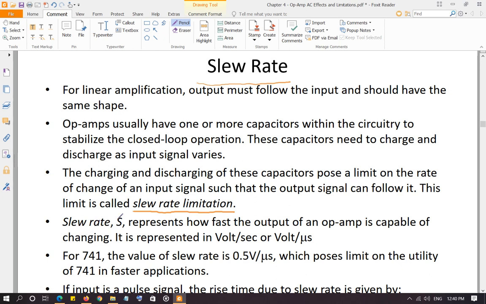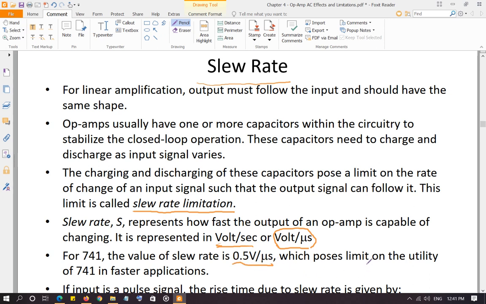So slew rate is represented by volt per second. That is how fast the voltage at the output can change in 1 second. Generally, since a second is a big unit, it is represented as volt per microsecond. For the 741, the value of slew rate is 0.5 volt per microsecond.